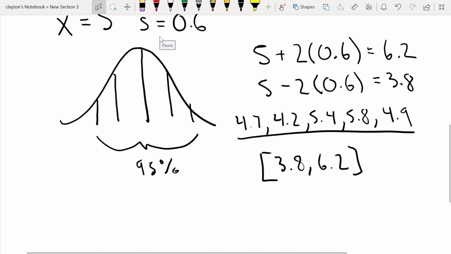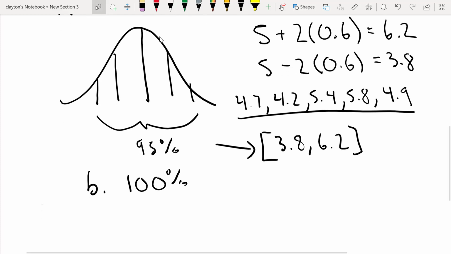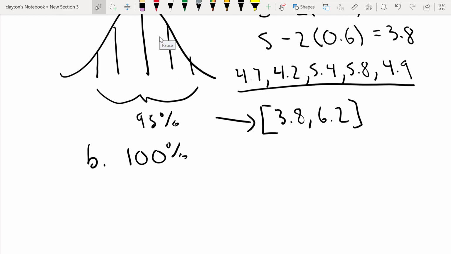It includes 100% of our data. So part B says, what is the actual percentage of unemployment rates in the range predicted from part A? And this would be 100%, because 100% of our data falls in this range, even though according to the empirical rule, it says 95%. And for C, which gives a more accurate prediction, we actually do want the empirical rule.